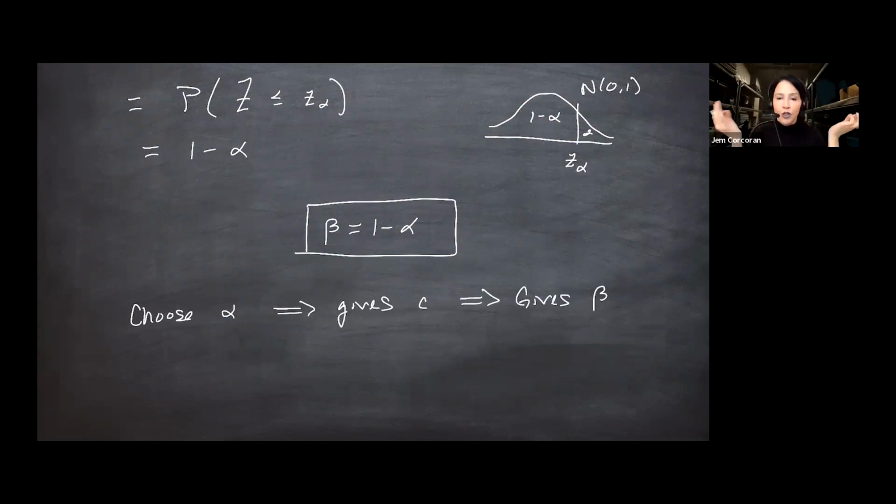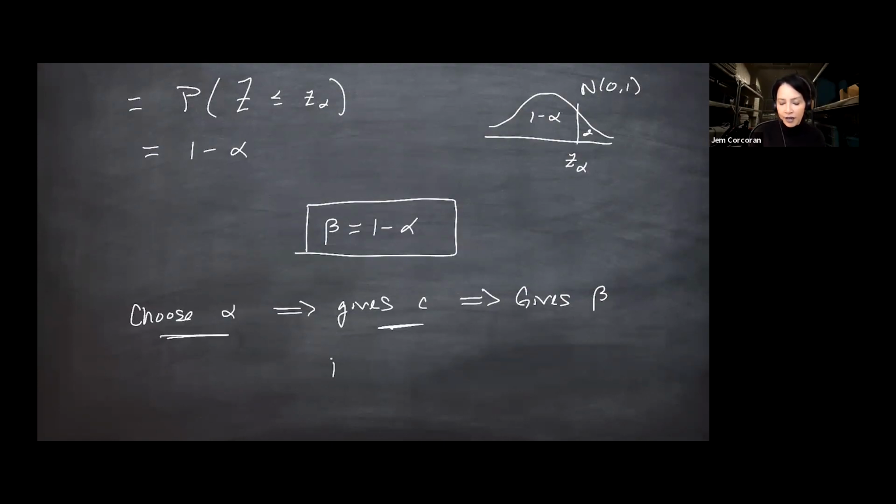But if you want to choose both alpha and beta, which is what I think you'd really want to do, then you need to free up another parameter of the model. So usually it is sample size. If you want to set both alpha and beta, then your rejection rule at the end is going to be: you need to take a sample of this size and reject if X bar is greater than this number. So C is kind of a free parameter that is determined from alpha.